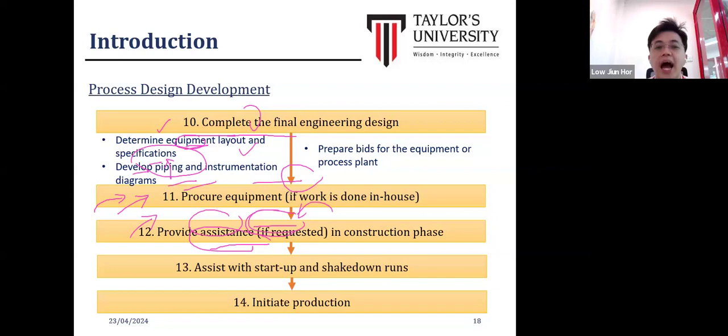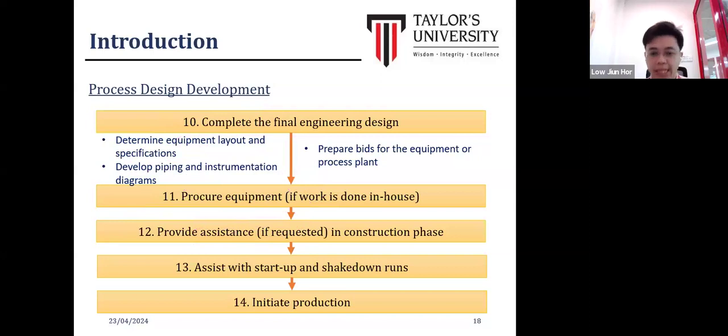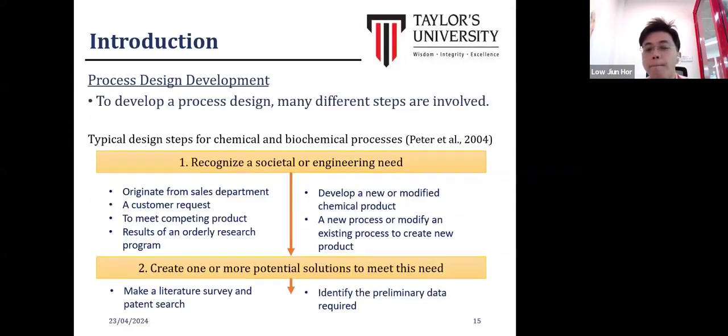And basically, these are the steps, framework or elements that we need to consider under the guideline and framework proposed by Peter. This is also the common guideline or framework that we normally refer to for chemical plant design.